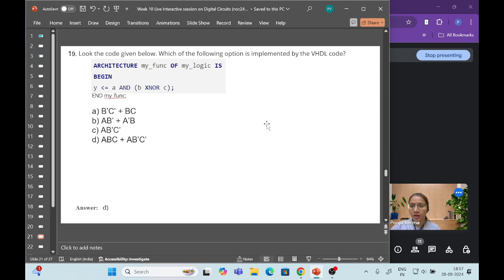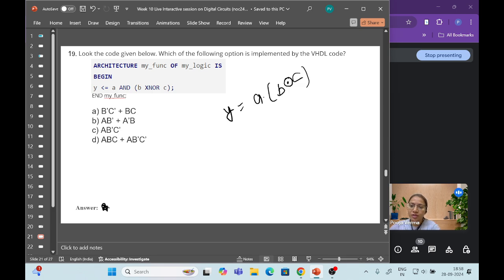Now the next question is: look at the code given below, which of the following options is implemented by the VHDL code? The function, my logic, is y is equal to A and B XNOR C in my function.